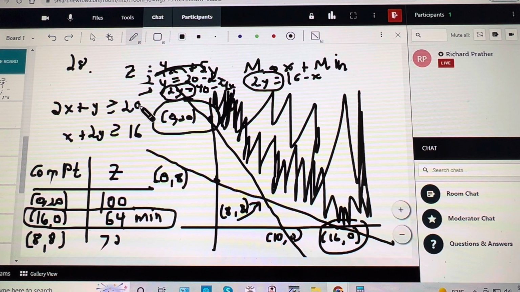Okay, so 20 minus 2x, did I read it right? 40 minus 4x. 20 minus 2x and 16 minus x.